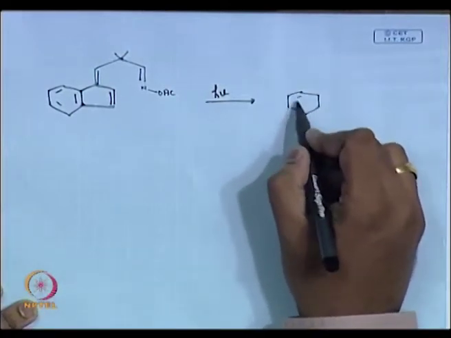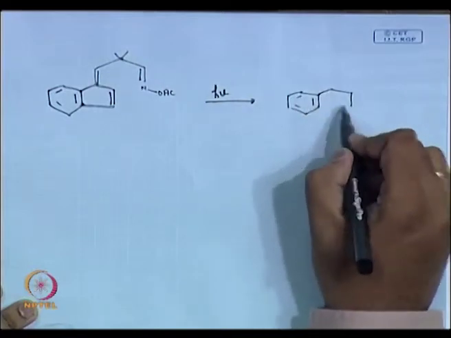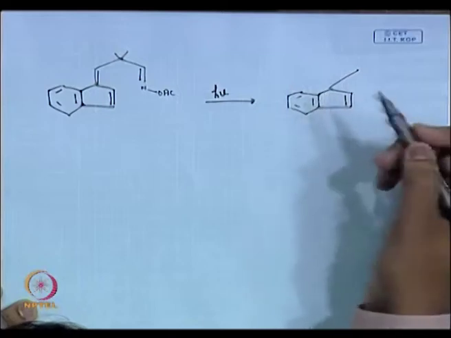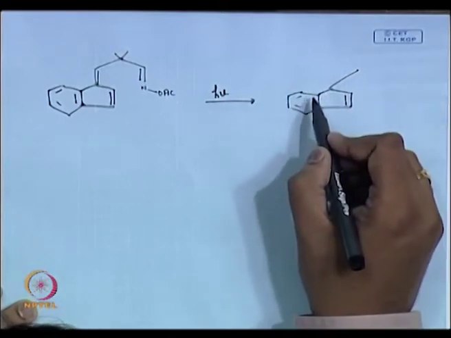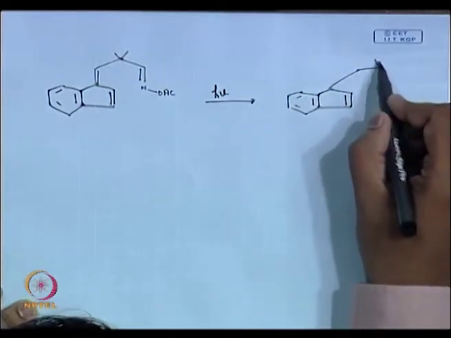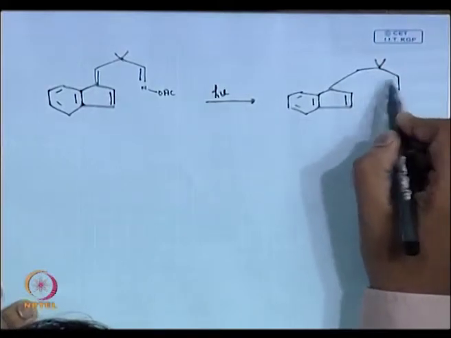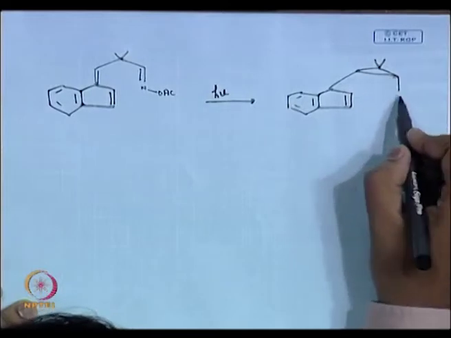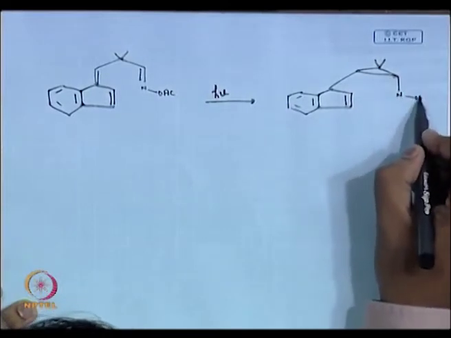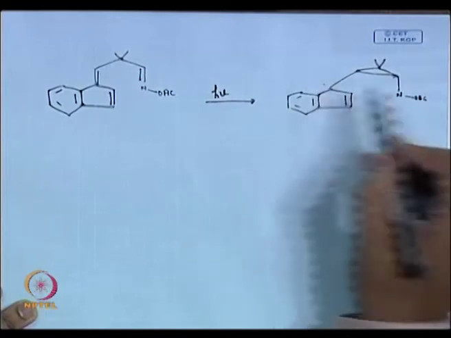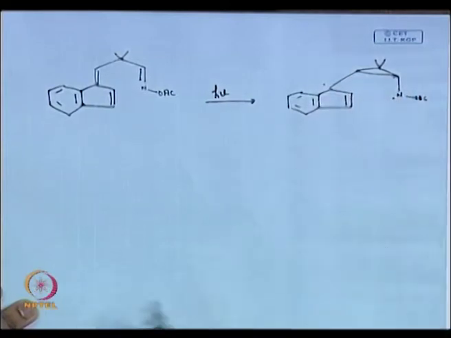You can think of this as a straight molecule. So, you can have a two radical system like this, right.